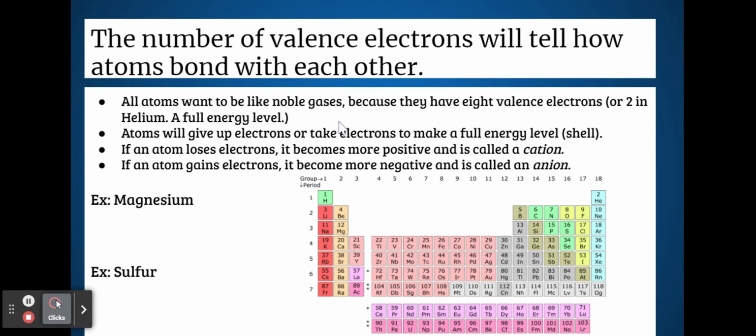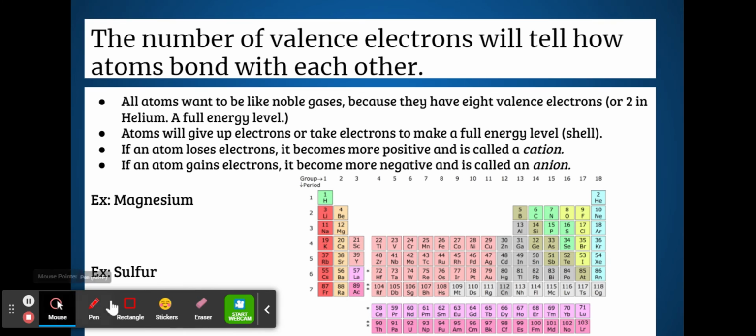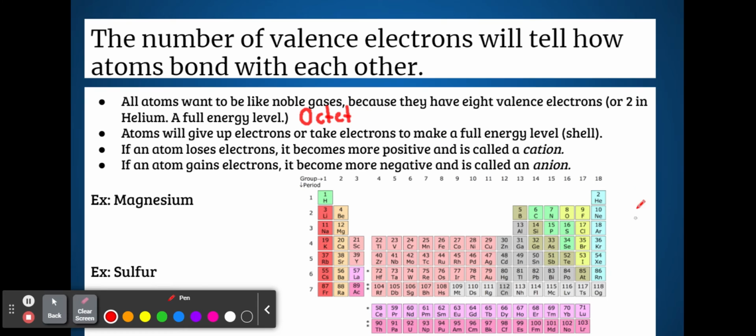Some elements will like to lose 1 electron to be like helium, because helium will have 2 valence electrons. That's the exception to the rule. What I just described to you is what we call the Octet Rule. And the Octet Rule is everything wants to be like a noble gas with 8 valence electrons, or helium with 2 valence electrons, which is called the duet rule.